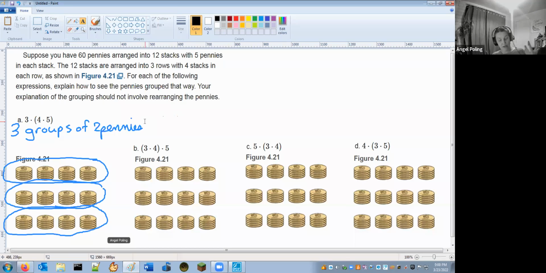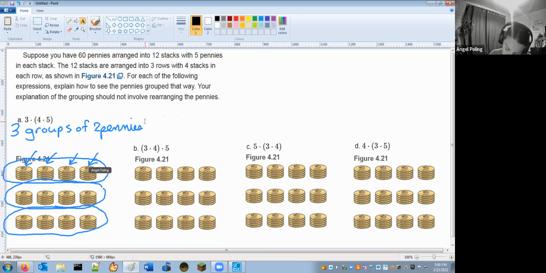So 3 rows. And then we have to look at what 4 times 5 means, right? 4 groups of 5. So each stack is a group within a group, right?